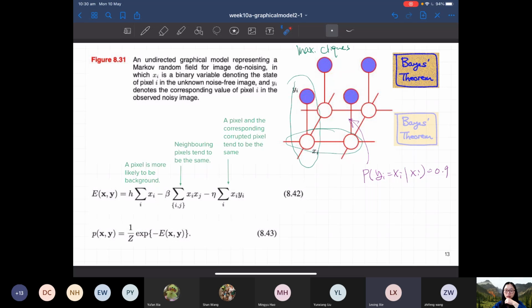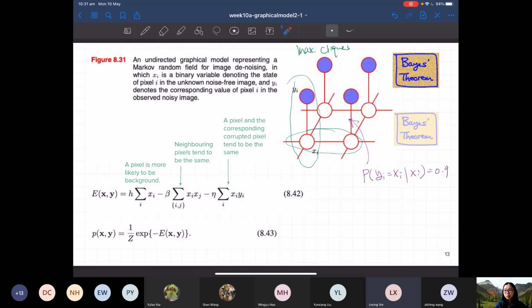And similarly, here the cliques are xi and yi. So it's multiplied by a different parameter, eta. It says the pixel and the corresponding corrupted pixel tend to be the same. So that's all the intuitions that we can encode. And as you can see, these parameters, beta, eta and h, trade off the forces across these different intuitions.